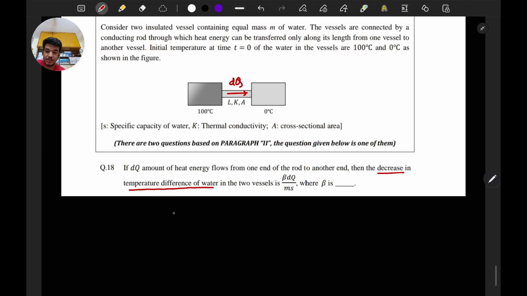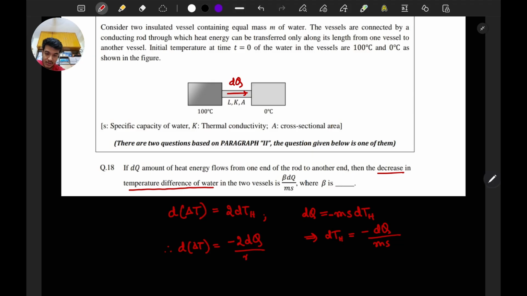We are finding the decrease of the temperature difference, not temperature, which is delta T. We already wrote d delta T is 2 dTh, and we also know that dQ is minus ms dTh. So I can easily write dTh as minus dQ by ms. So d delta T is minus 2 dQ by ms.